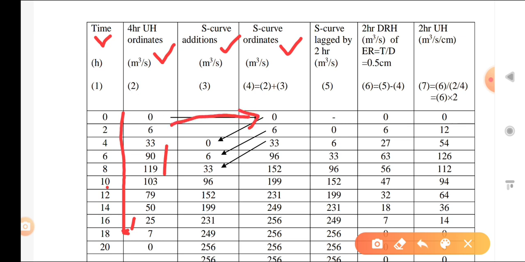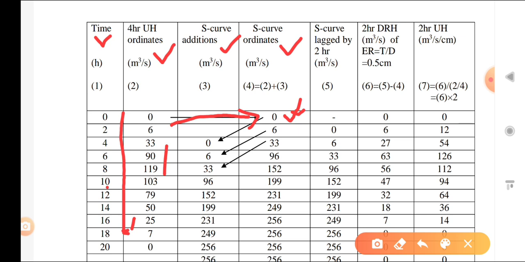Okay, now next is where the 0 will go. Previously we have discussed that for t less than or equal to D, capital D, S(t minus D) is always zero. The point where 0 goes depends on the given unit hydrograph duration.